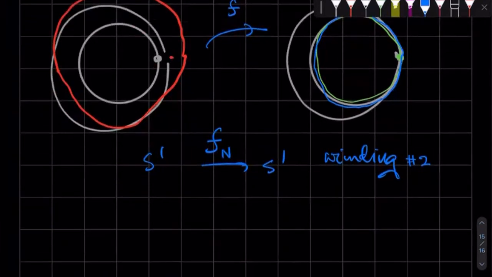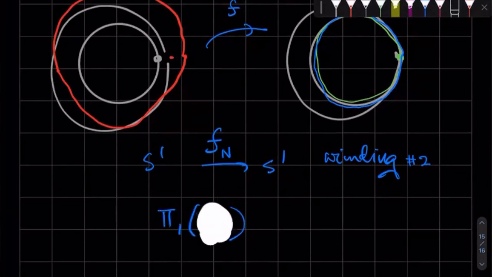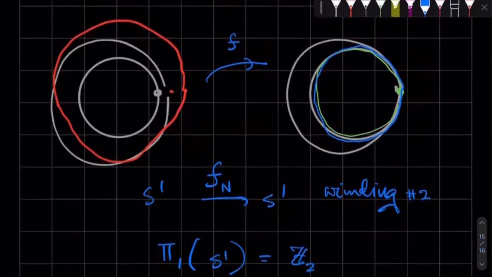This can be given an abelian group structure, basically the composition of loops, but I won't go into that. Essentially, we say that the first homotopy group of the circle is Z2, by which we mean the maps from the circle to another circle.